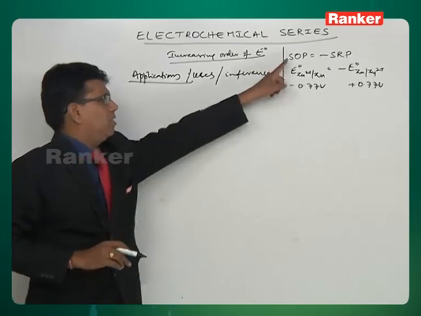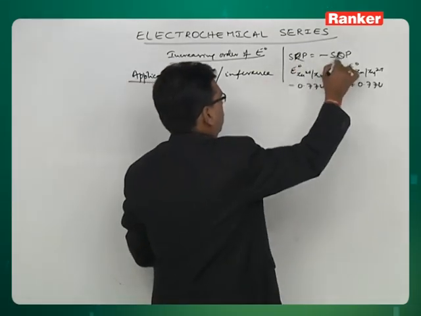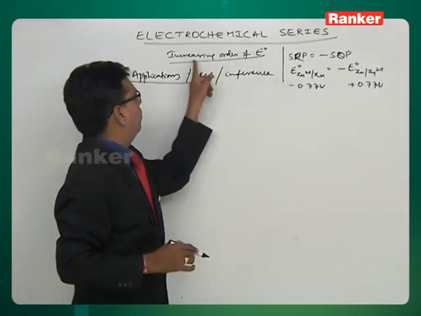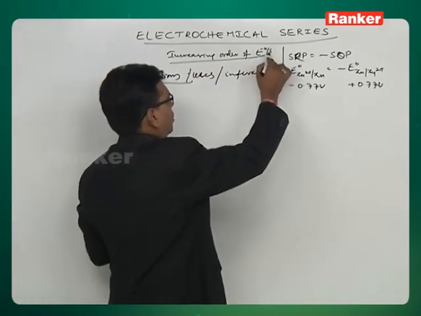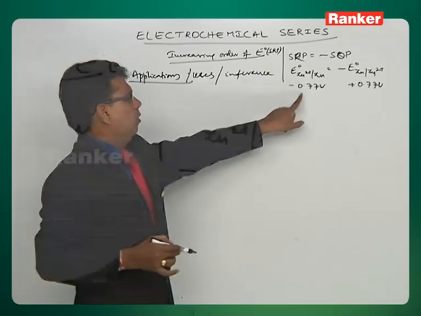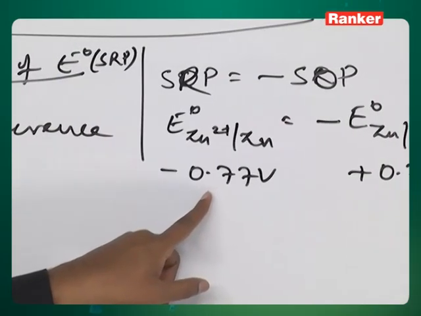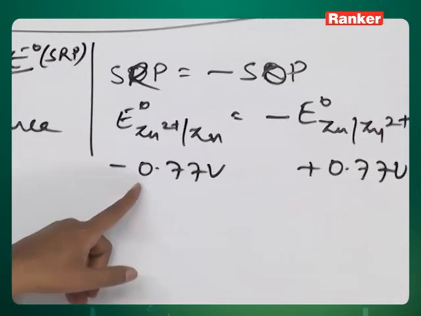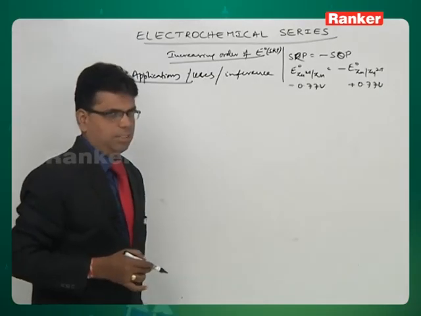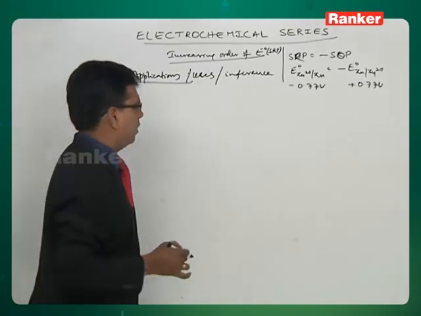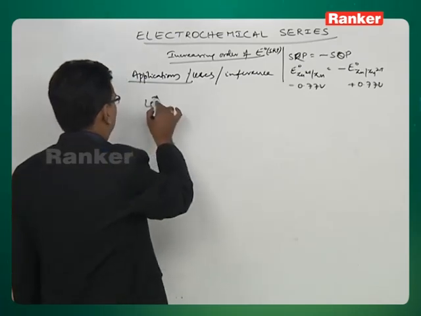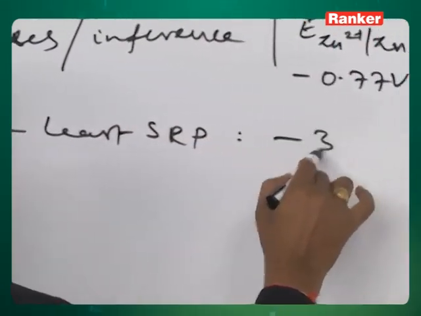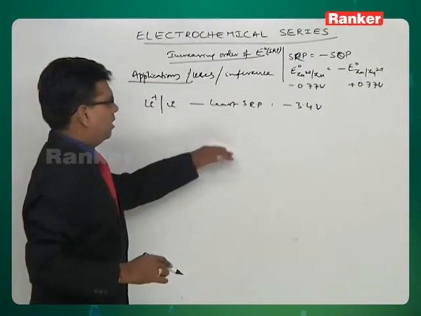So, here what we are talking about is SRP. SRP is minus 0.77. What we are talking about is always increasing order of E naught, meaning SRP. For hydrogen it is 0, this is less than 0. As we told earlier, the elements are arranged in increasing order of SRP values. Lithium is the one with the least SRP, that is minus 3.4 volts, followed by other elements.